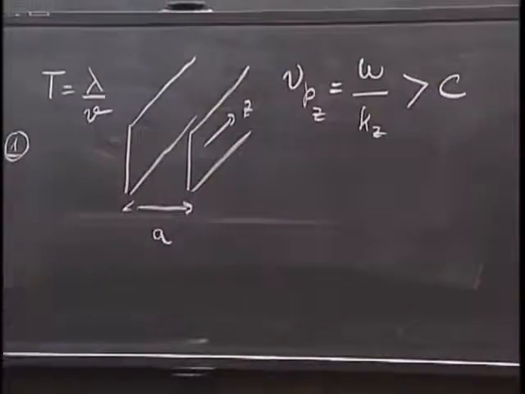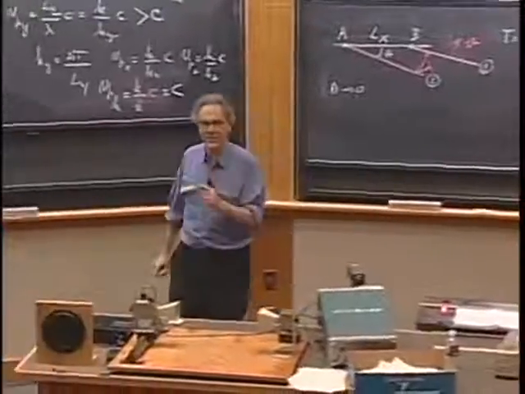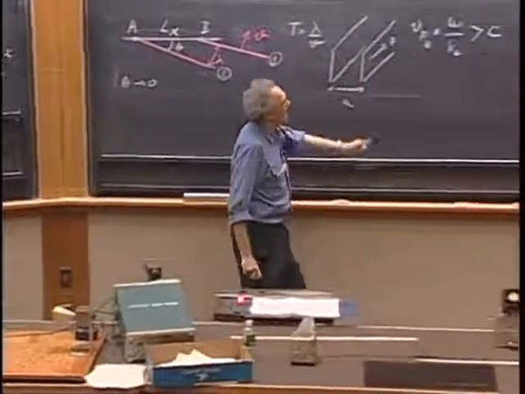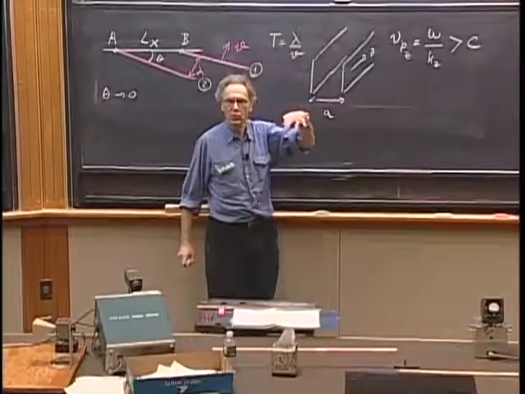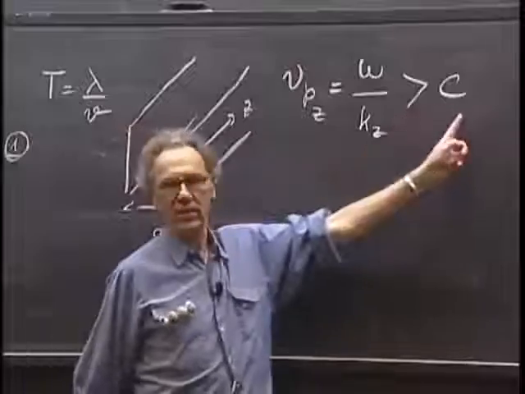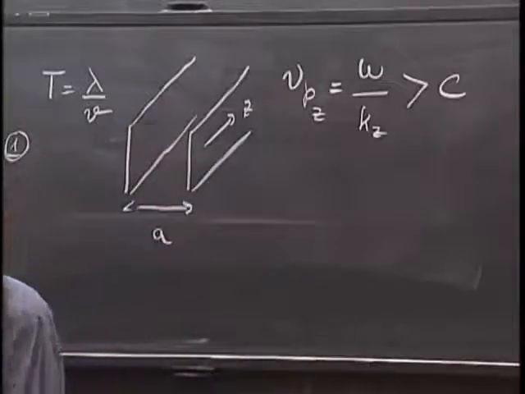That's why you guys couldn't sleep. And in fact, I even demonstrated that if you make the frequency of the radiation close to the cutoff, this phase velocity even goes to infinity.